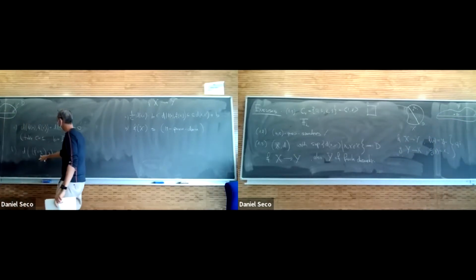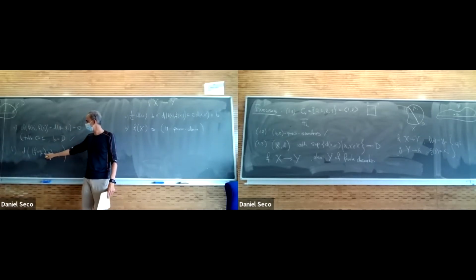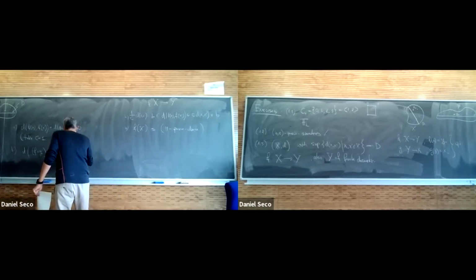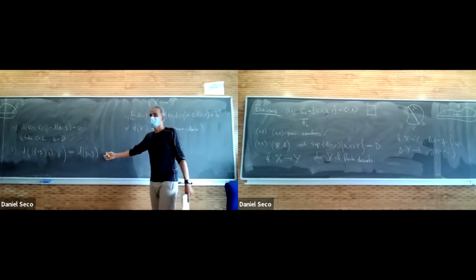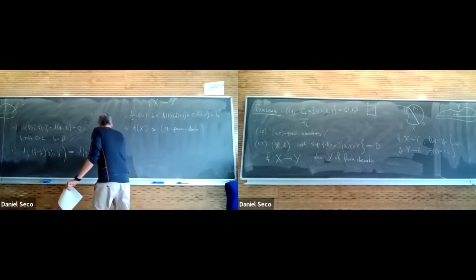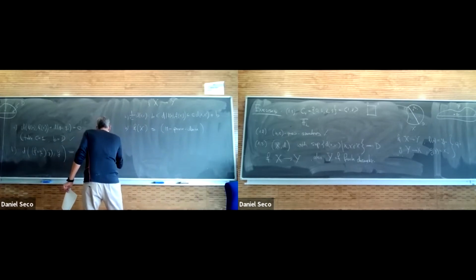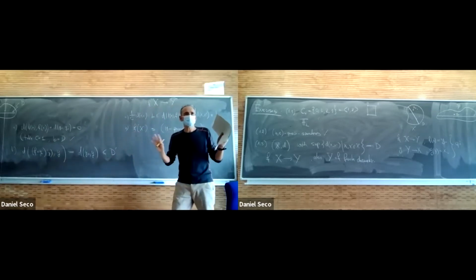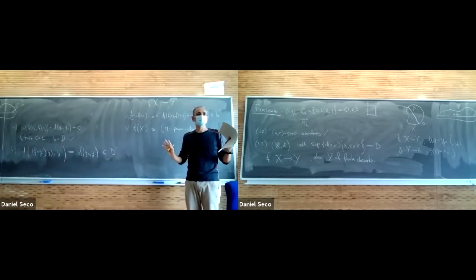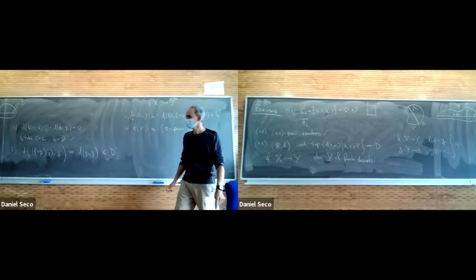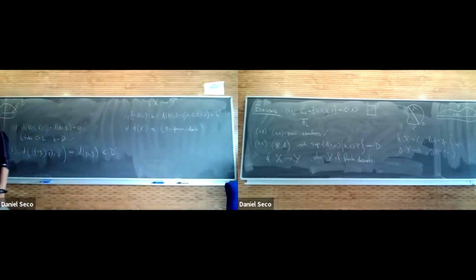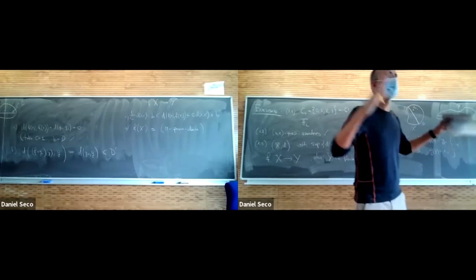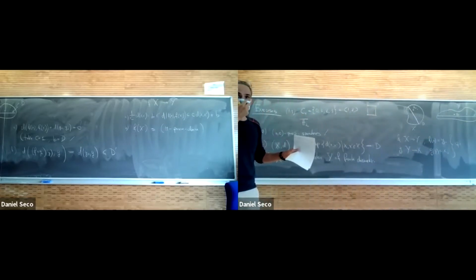So if I send y to x naught, and x naught is sent to y naught, essentially I'm comparing the distance between these two things. And that's clear. That's dominated by the diameter of the target space. So any pair of sets which have finite diameter are quasi-isometric. Never mind what kind of things you have. Any pair of finite sets is quasi-isometric.